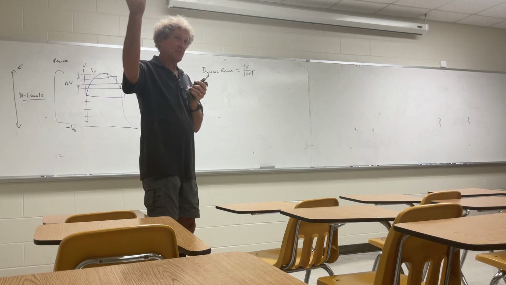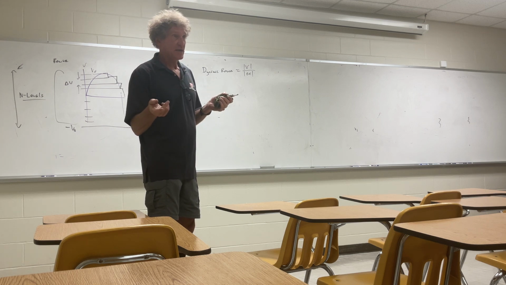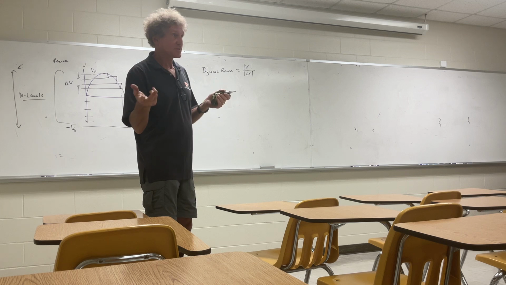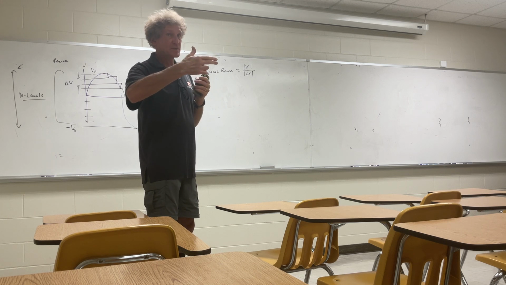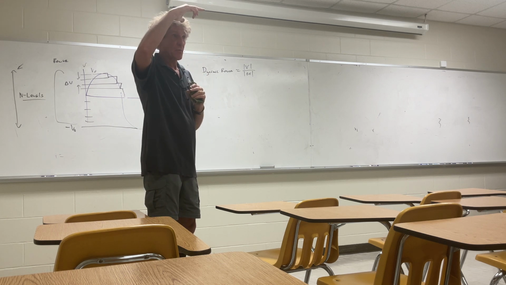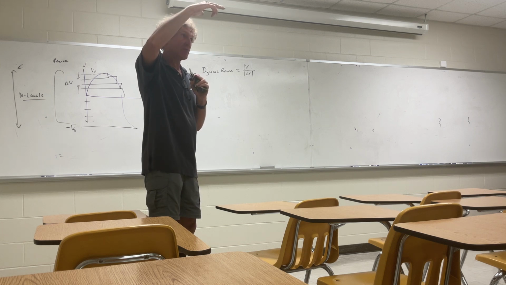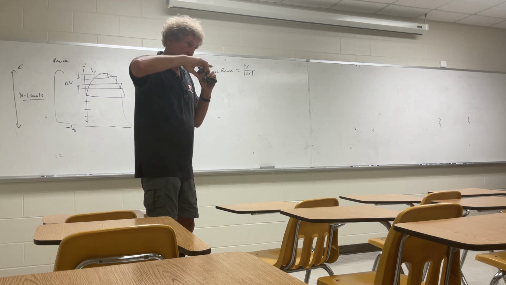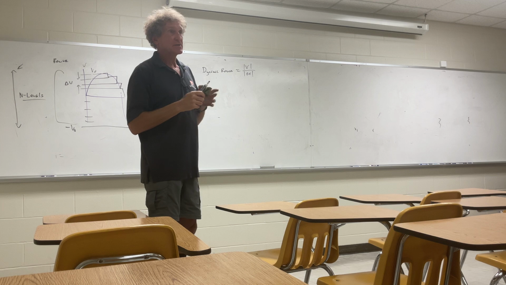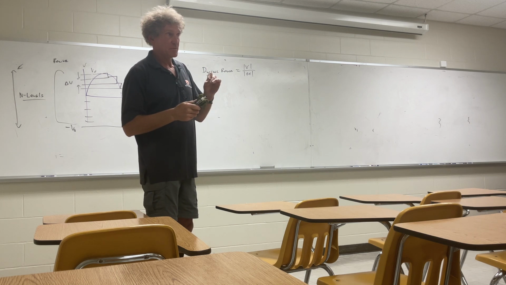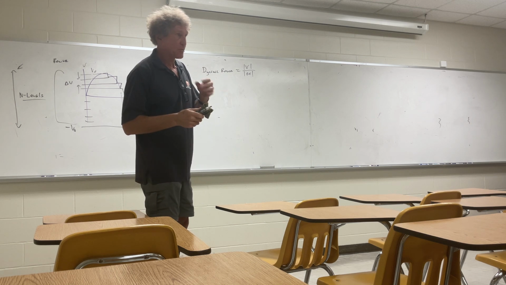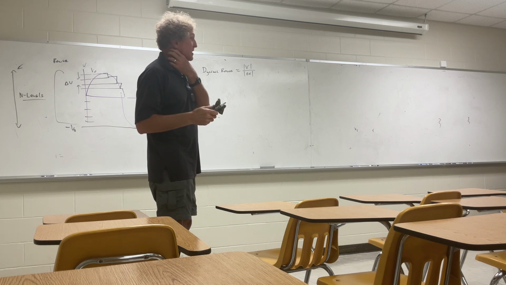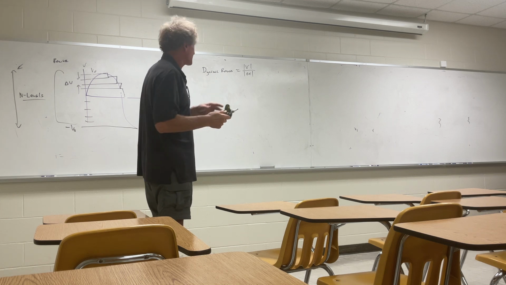Log base 10 of 10 is 1, log of 100 is 2, log of 1,000 is 3. So orders of magnitude are increments, which makes it a lot more understandable. So remember that: if the dynamic range is large, it's very useful to have logarithmic scales.